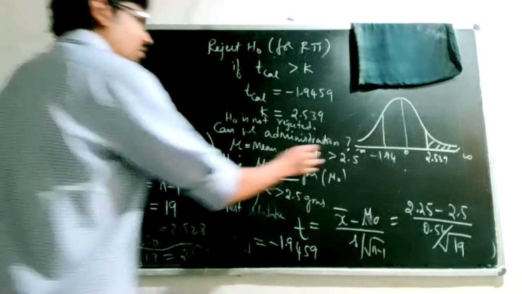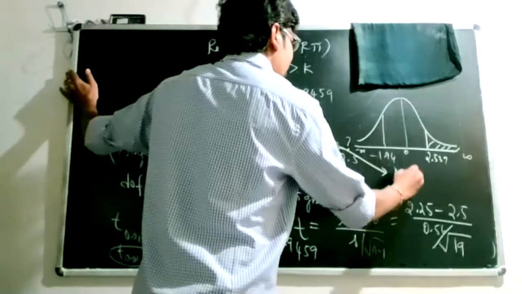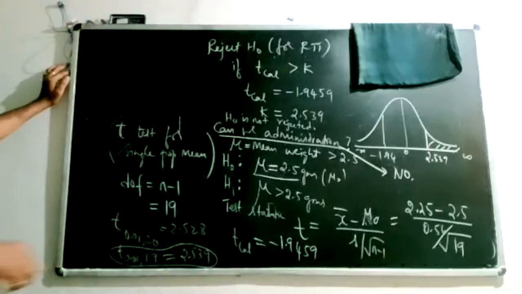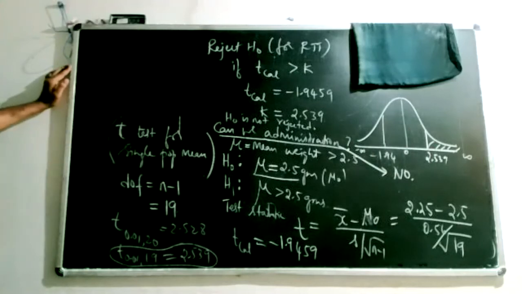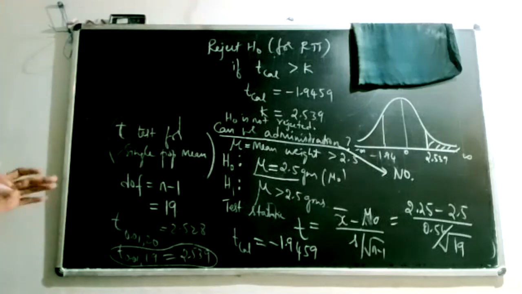So the answer to the question, can we administer the drug? No, we cannot administer the drug. If we had rejected the null hypothesis, then we would have said yes, the average weight of the heart has gone above 2.5 grams, so you can administer the drug.